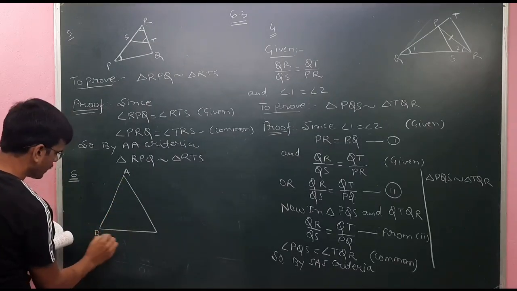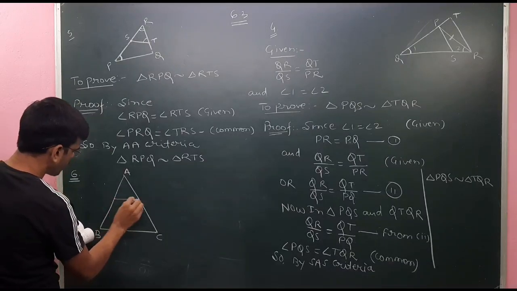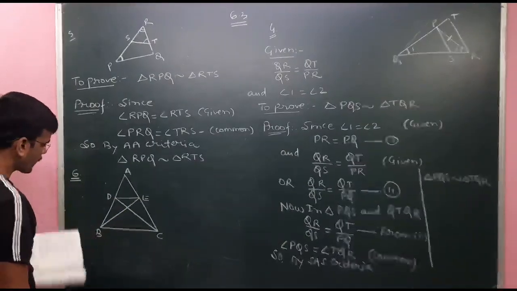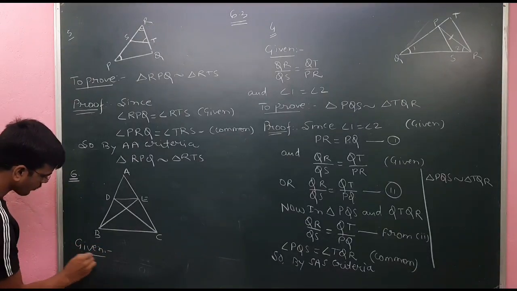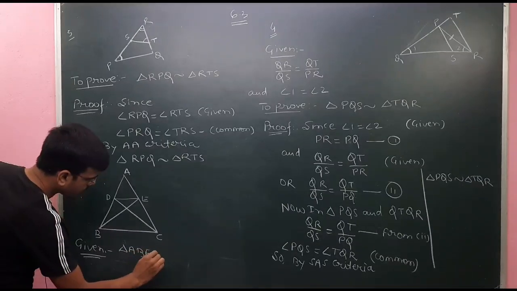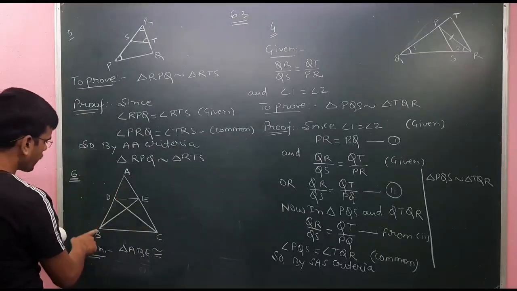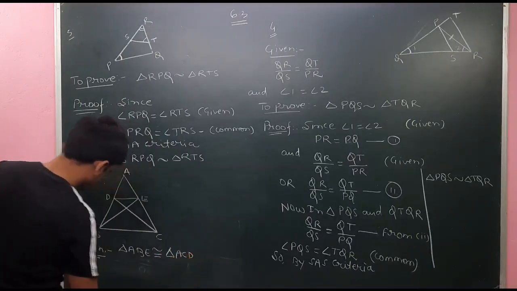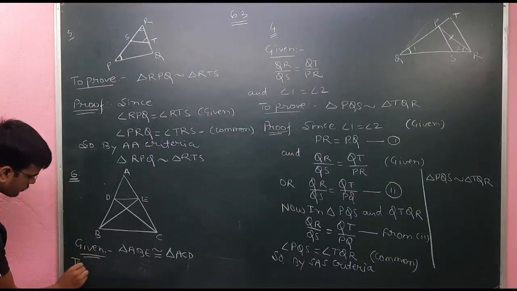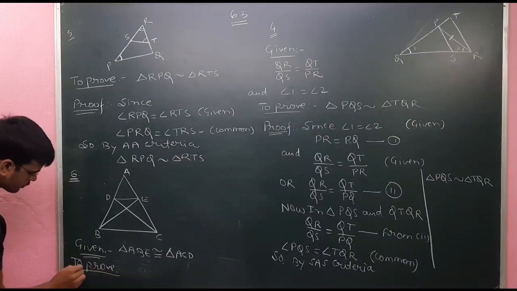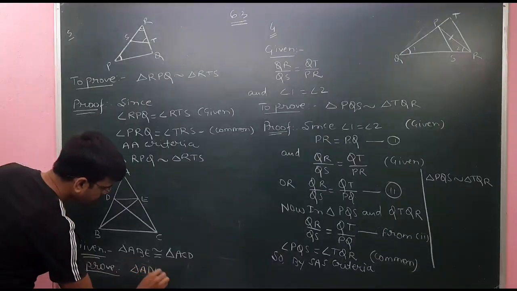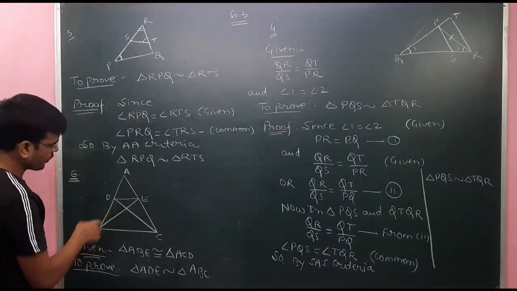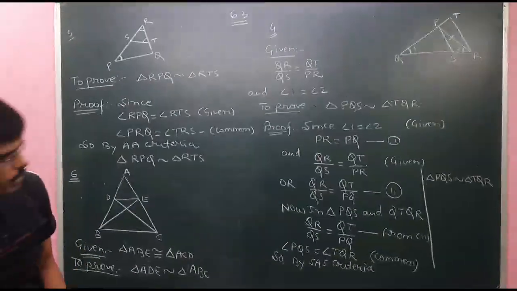ABC, A, B, C, and this is D and E. Given that triangle ABE is congruent to triangle ACD, to prove: triangle ADE is similar to triangle ABC, means this triangle is similar to this triangle. Now see the proof of this question.